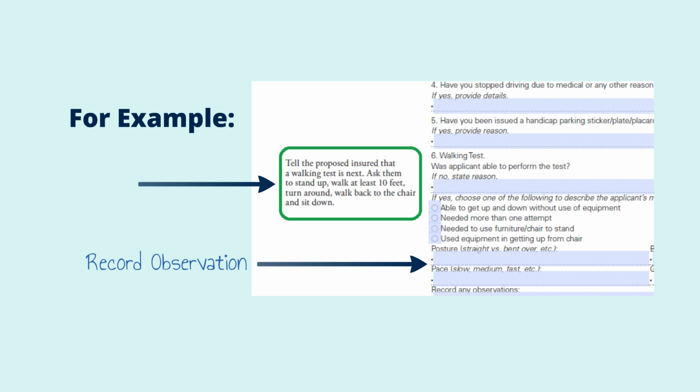You will ask them to stand up, walk at least 10 feet, turn around, walk back to the chair, and sit down. In the following questions, you will be asked to describe the applicant's posture, movement, balance, gait, etc. Please be thorough in your evaluation.